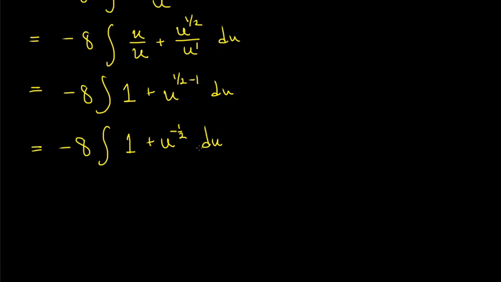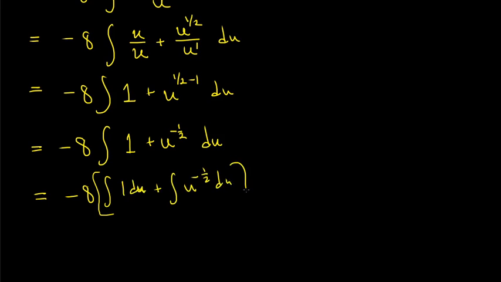Okay, now we're good, right? We're just going to use the sum rule here. This is the integral of 1 du, plus the integral of u to the negative 1/2 du. And that's just going to be negative 8 times the integral of 1, which is u.